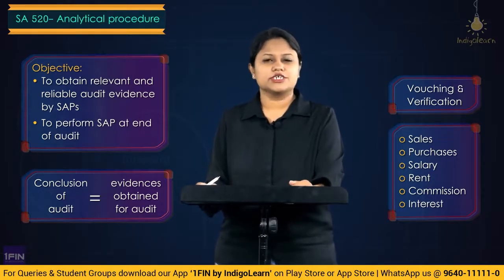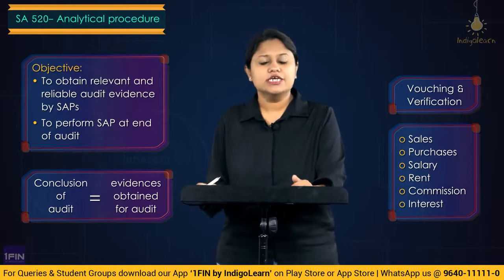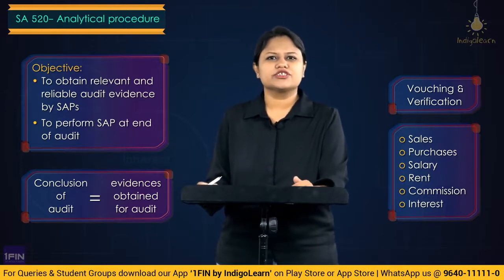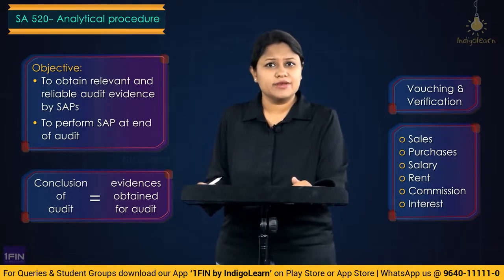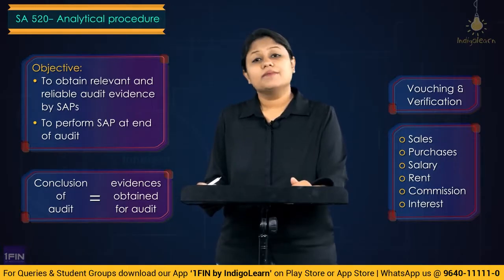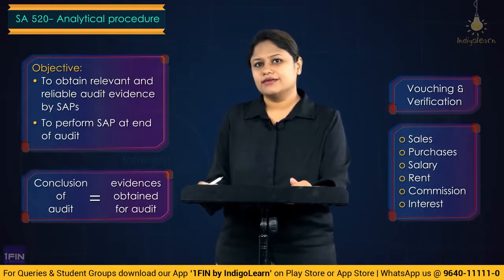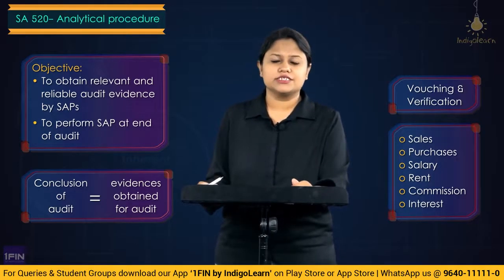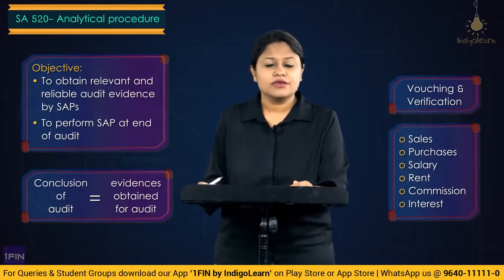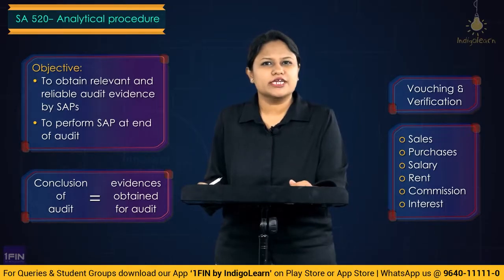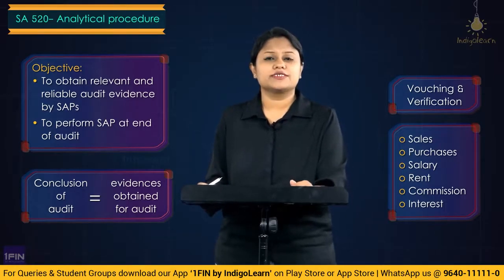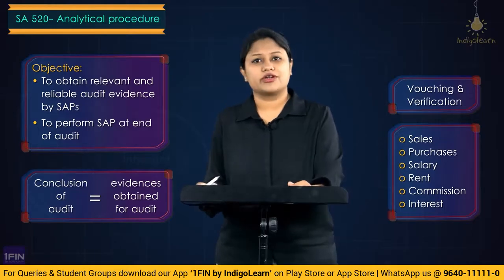That means analytical procedures also should give you evidence telling you that there is nothing which is an indicator of risk of material misstatement. That means they are reasonably free from material misstatement. That is what it has to be. But suppose during the course of audit, you have understood that these elements do not have a material misstatement, but when you perform the analytical procedure, when you did some kind of comparison, you came across something unusual which you have not identified during the course of your audit.